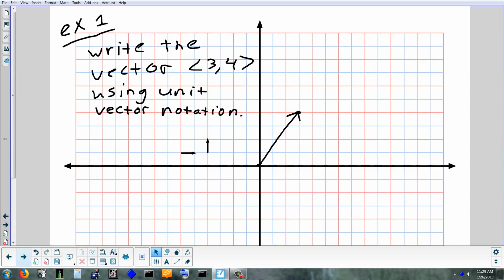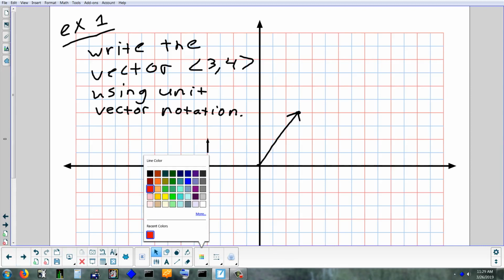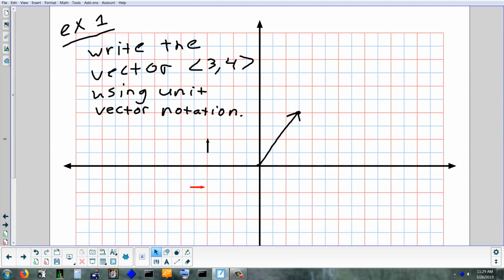All right, let's start with the i's. Okay, and I'll make them red so we can see them a little better. How many i's would I have to stack together, starting at the origin, to start to get towards that terminal point? 3. I would need 3 of them. Yep.